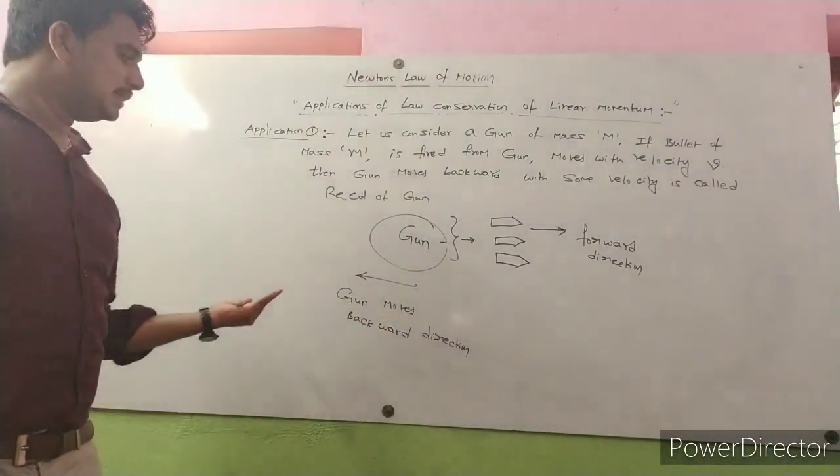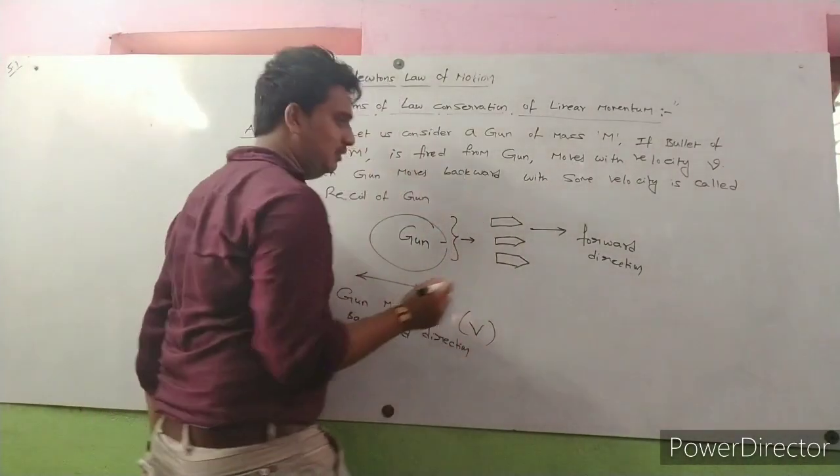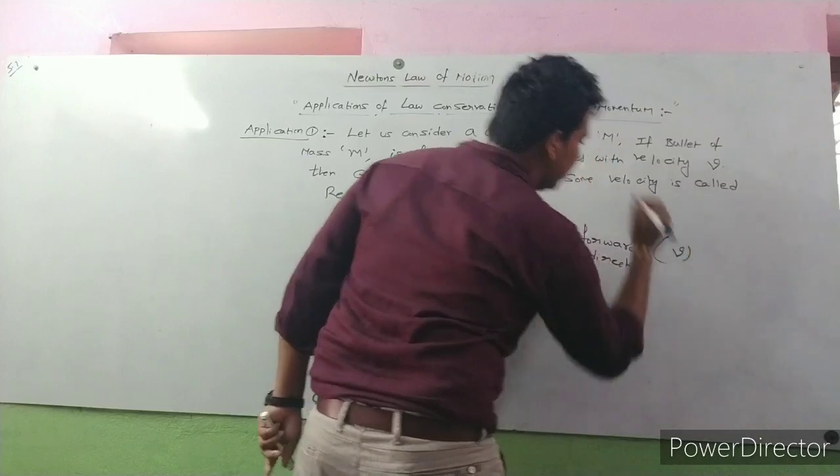From this gun, the bullet moves in the forward direction, and the gun will move in the backward direction with the speed capital V. Here the bullet moves forward with the speed small v.